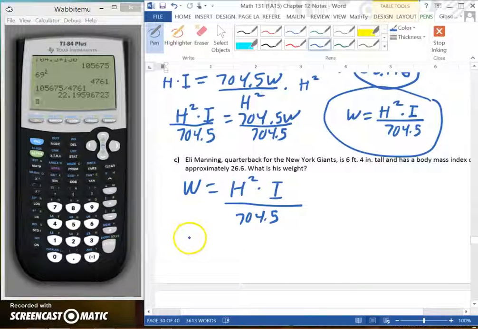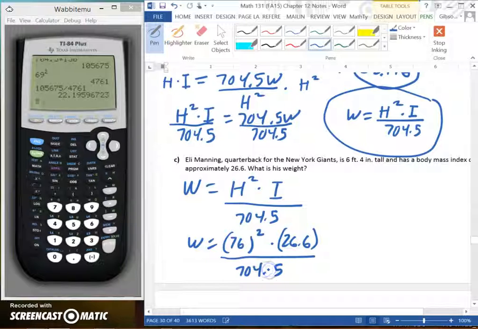Now we substitute. 6 feet in inches is 6 times 12, which is 72, plus 4 is 76. So the height is 76, and the I is 26.6, because that's the body mass index, all over 704.5.